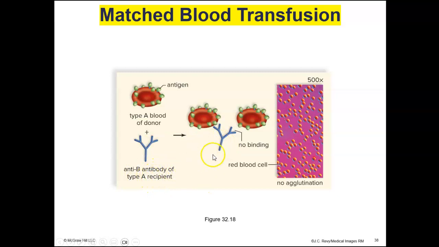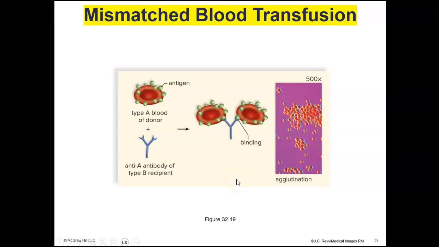Since the recipient is also type A blood and they only have B antibodies in their plasma, the B antibodies don't have a shape that's going to bind to the A antigens on their red blood cells. So there's not going to be any clotting.